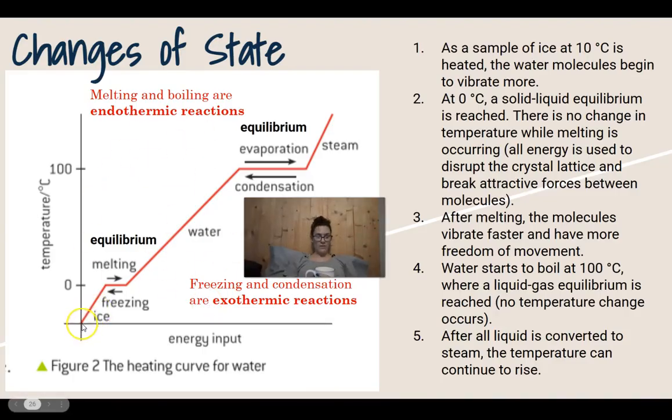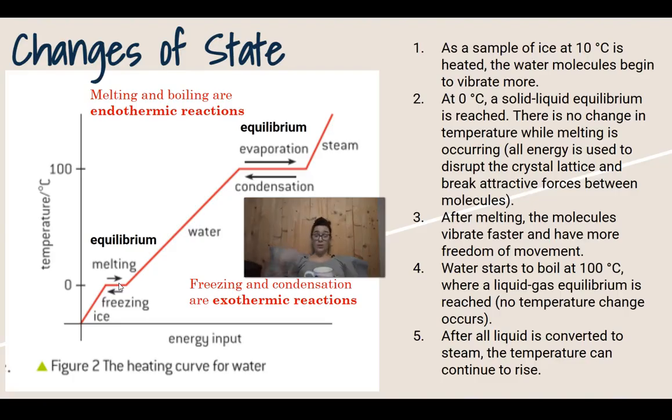So you can see here, if the energy input is 0, we don't have any temperature, obviously absolute 0. But as the energy goes up, and we get to 0 degrees Celsius, which is the freezing point of water, we see this flat area of the heating curve. So this actually represents the point at which the ice starts to melt. This is called an equilibrium, because there is no change in temperature at this point.